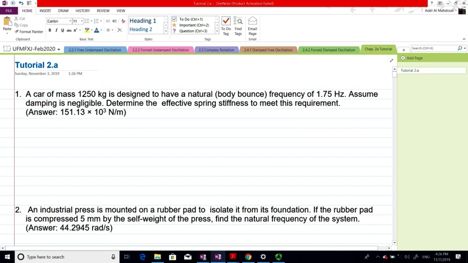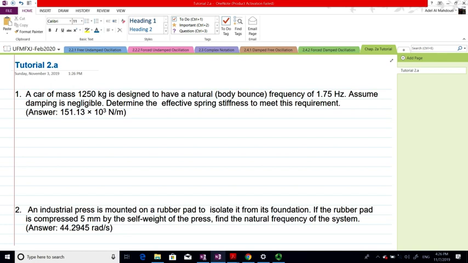Assume damping is negligible. Some of these terms or statements in the question you should understand, because they indicate a lot of things which will ease your way to the solution.